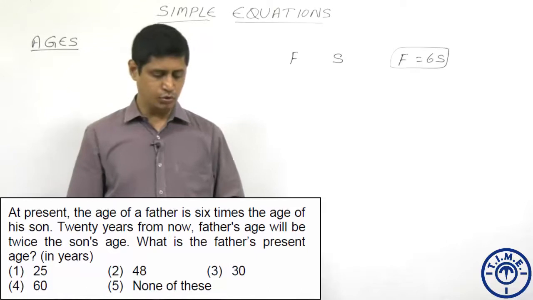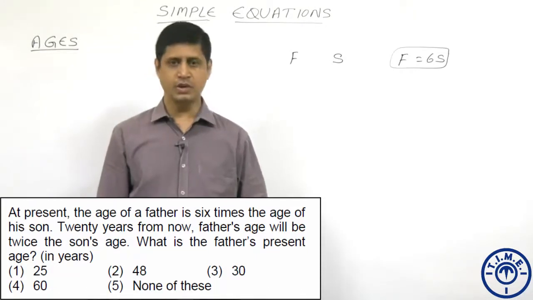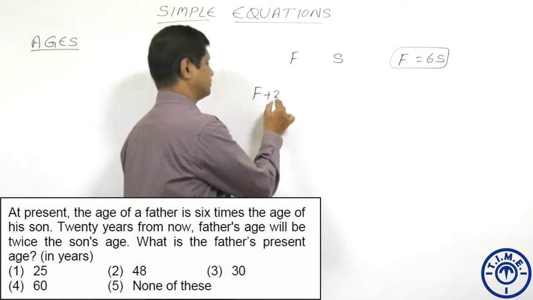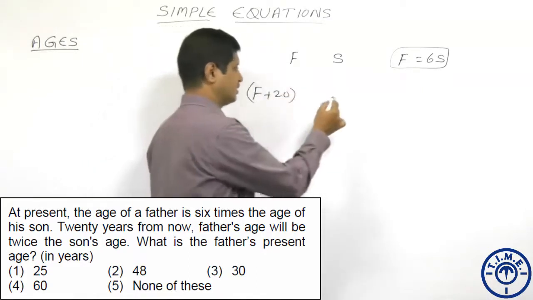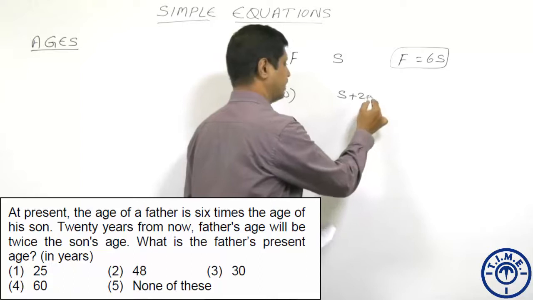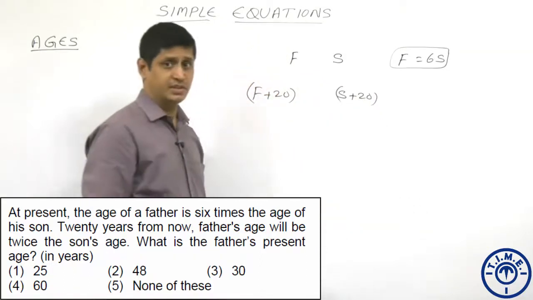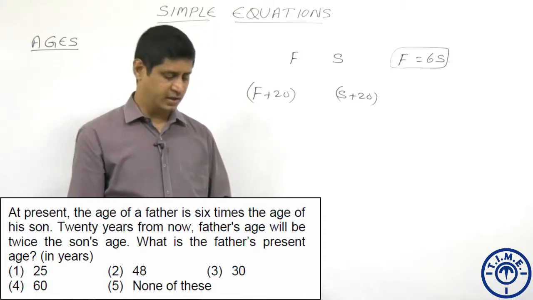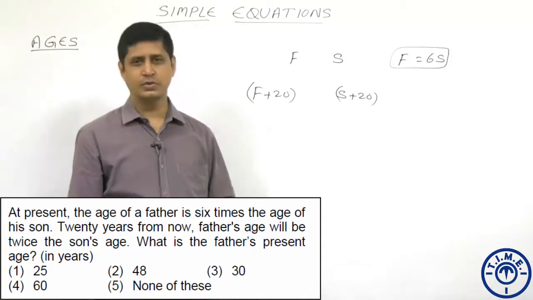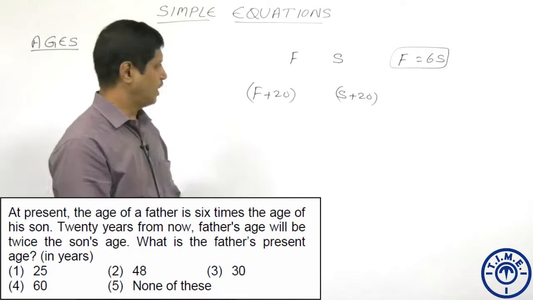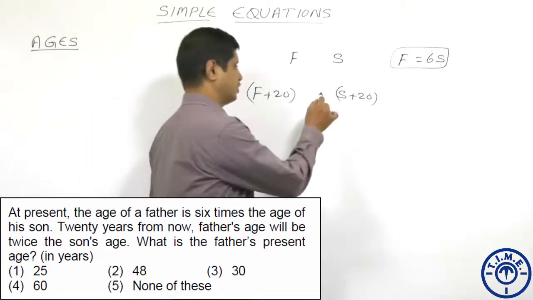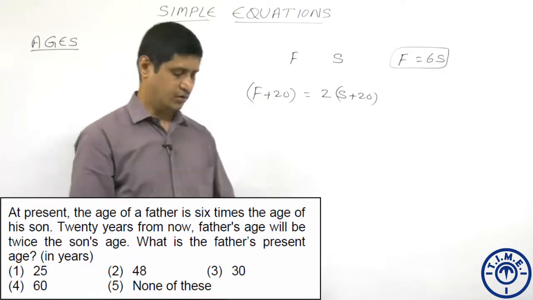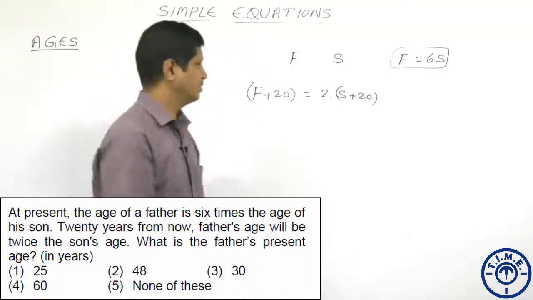Condition 2: 20 years from now means f plus 20 and s plus 20, the respective ages of father and son after 20 years. What is the condition? The father will be twice his son's age. Twice means 2 times, so the father's value is 2 times the value of the son. What to find? The age of the father.